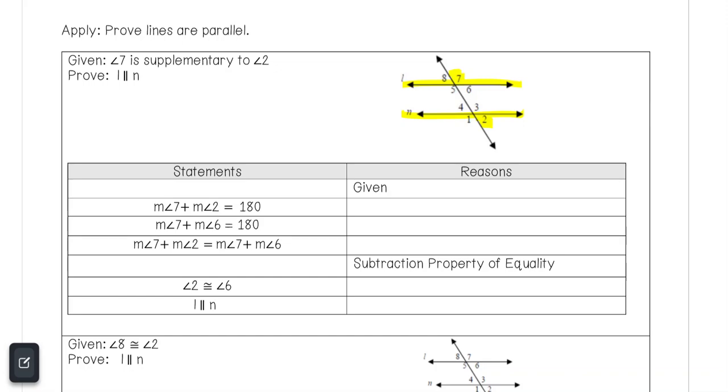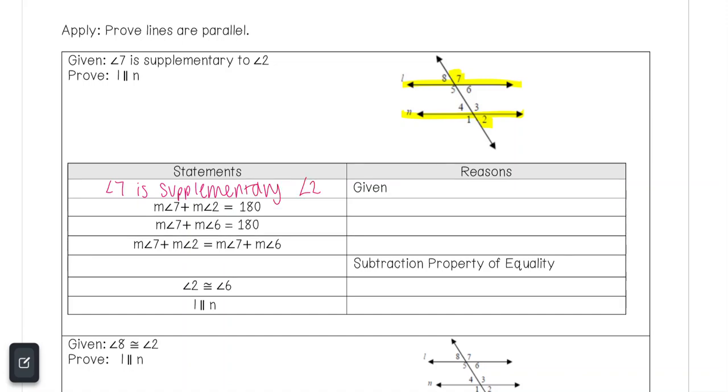So we can't just prove that 7 and 2 should be supplementary based on some theorem, right? We need to kind of jump through some hoops here to figure out why they are going to be supplementary, okay? So let's figure out kind of what we're working with. If I start with my first statement, it says it was given, so I'm just going to repeat what was above. So angle 7 is supplementary to angle 2.